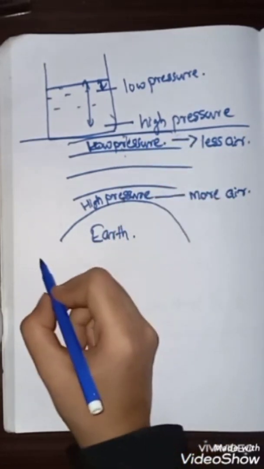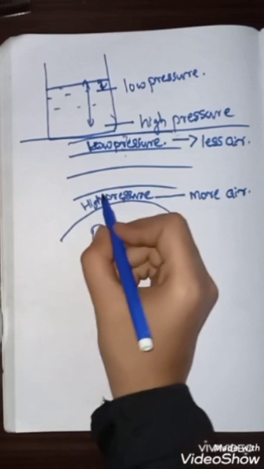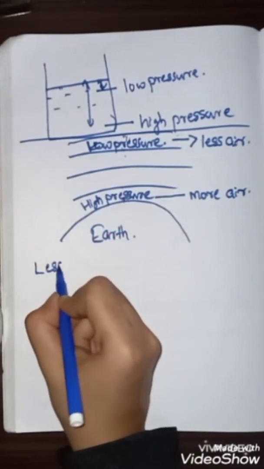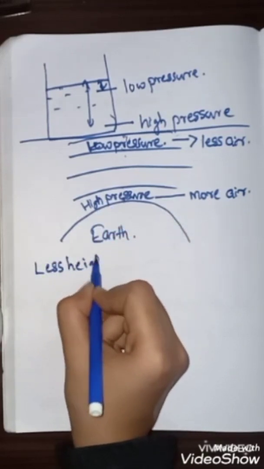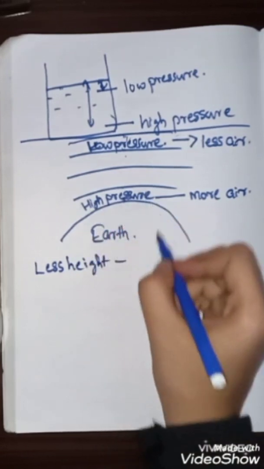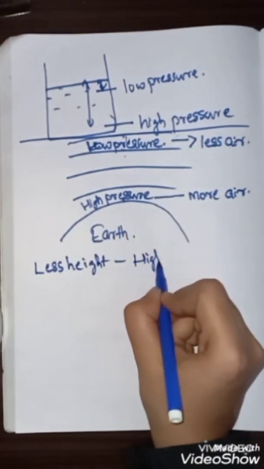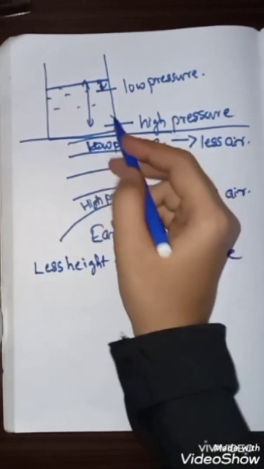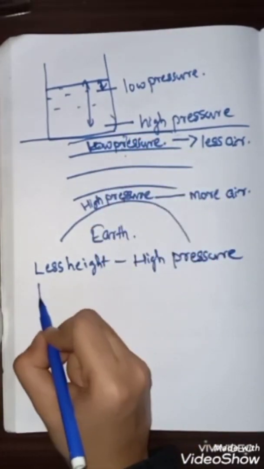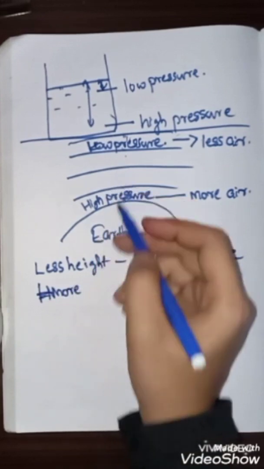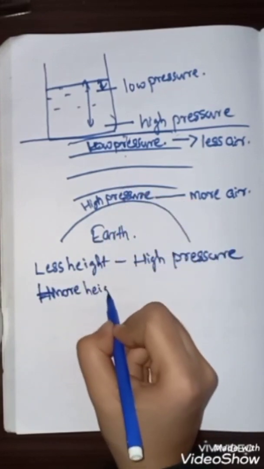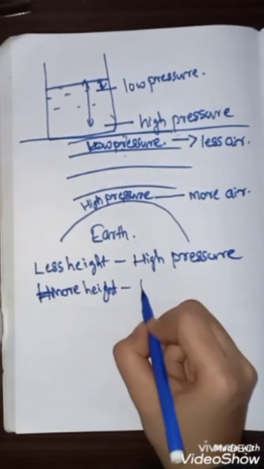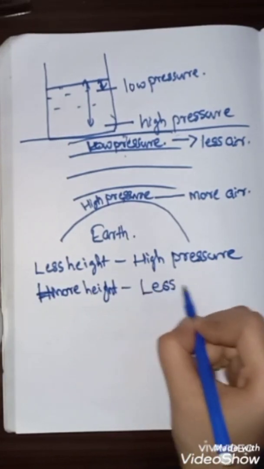Here in this layer, it exists at a less height, so it has high pressure. Here this layer exists at a more height and it has less pressure.